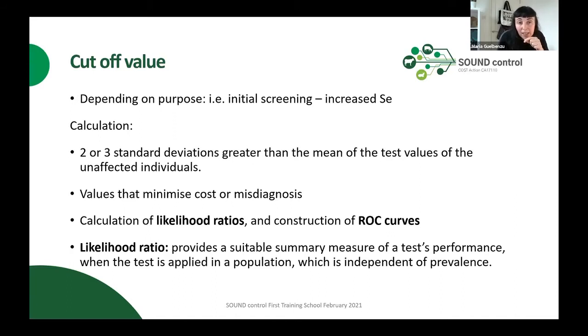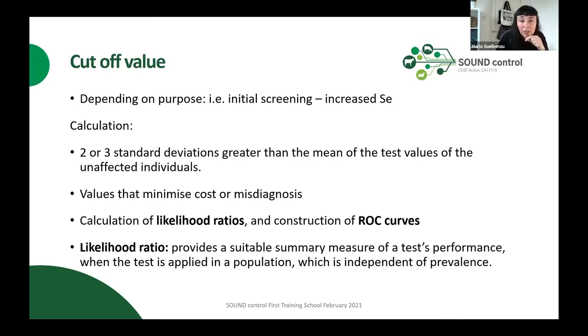The likelihood ratio just gives a good summary measure of test performance, which is independent of prevalence, because we will see afterwards that the predictive values are very much dependent on our population, on the prevalence within our population.